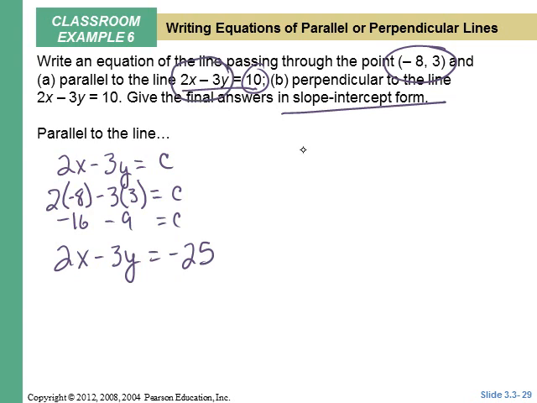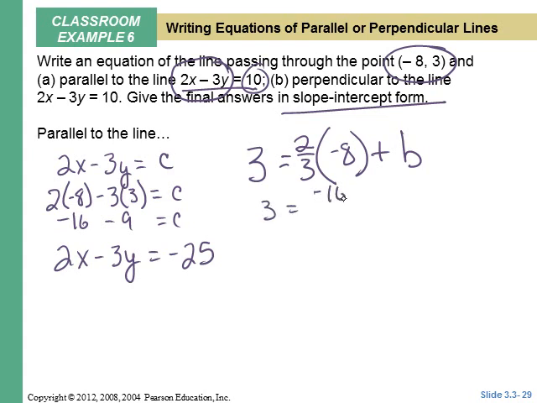The slope of that line is 2/3. Now let's substitute in our y. 3 equals 2/3 of negative 8 plus b, because all we're looking for in that case is b. We've got the slope, we've got the point, we just have to figure out what b is. 3 equals negative 16/3 plus b, so we're going to add 16/3 to each side.